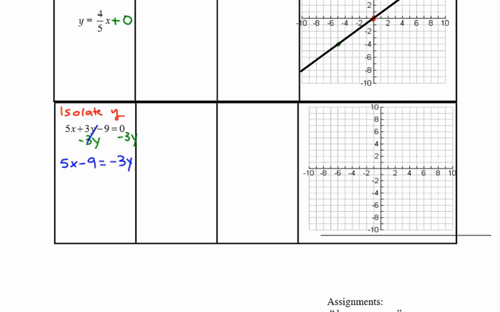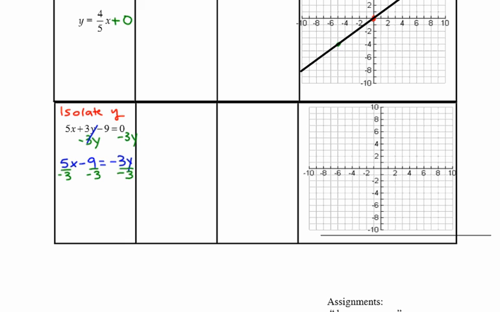Okay, what's the next step? We want to isolate y. What would be our next step if we have negative 3 times y? Divide. Because it's being multiplied by the y, we're going to divide everybody by negative 3. Because it was a negative, we have to bring the negative with us.